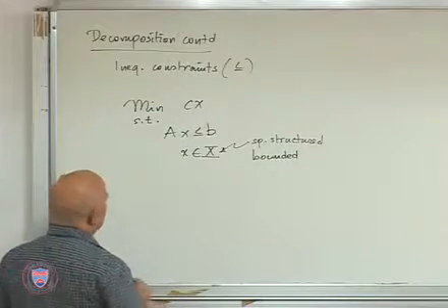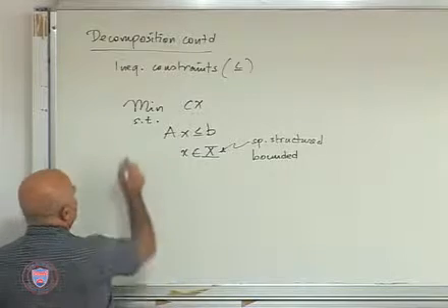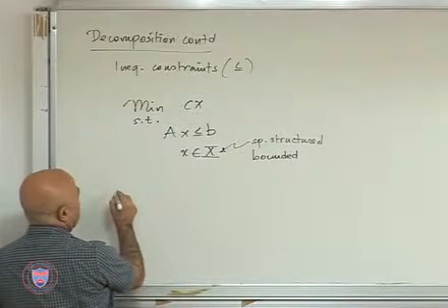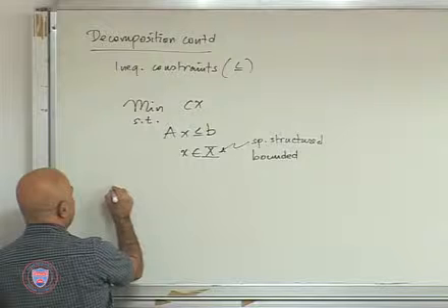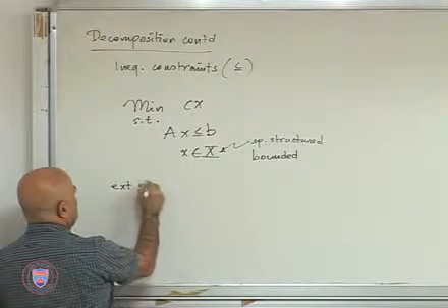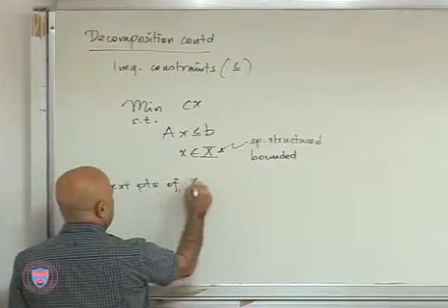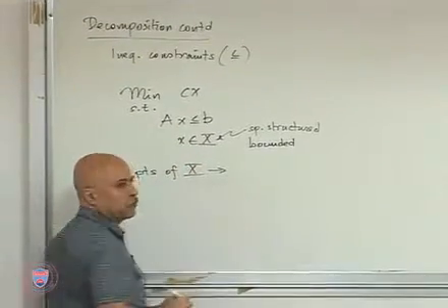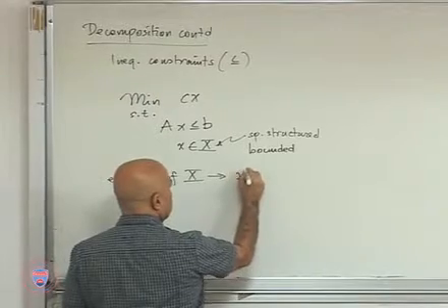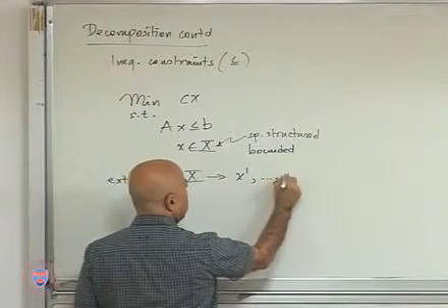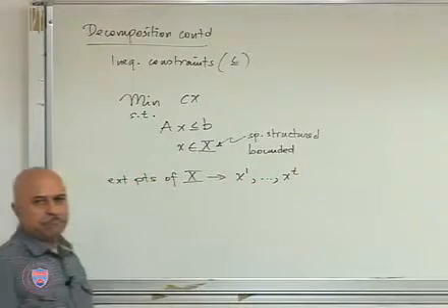And what we do is we transform this problem into a master problem by first looking at extreme points of X. Let's just assume we enumerated them as, say, x1 up to xt. Okay?